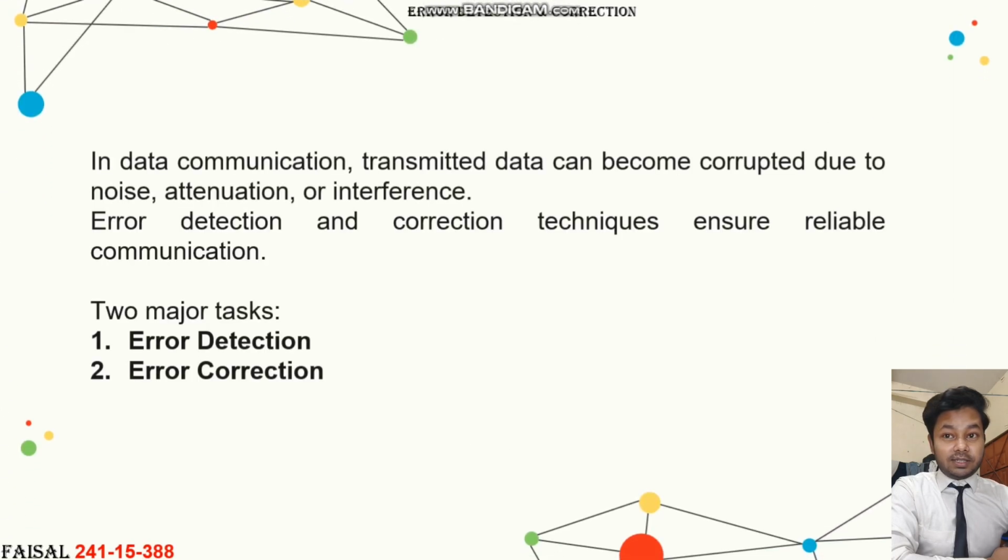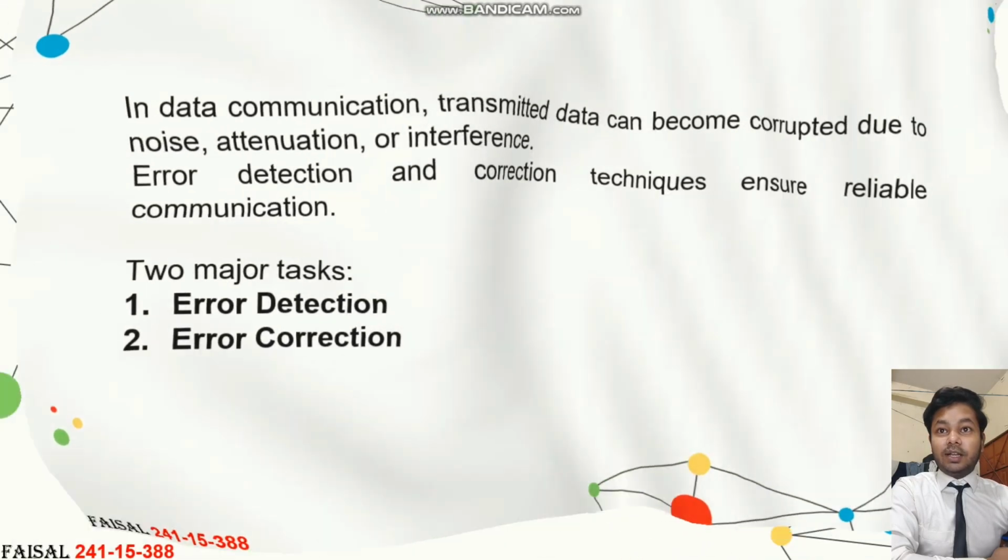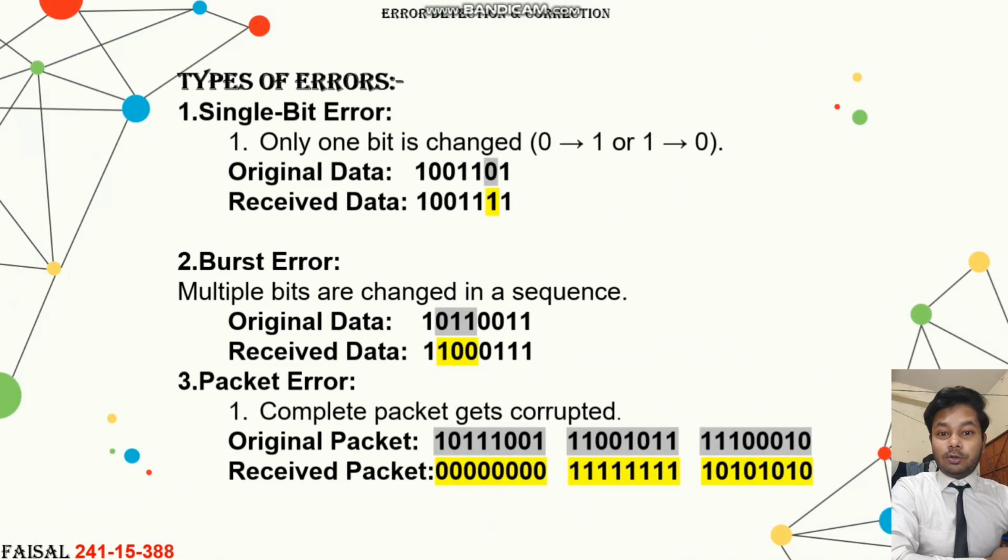Basically there are two major tasks: error detection and error correction. Now I will describe the types of error. Basically there are many types of error. Single bit error: when we are sending any data, if just one bit is changed, that is called single bit error.